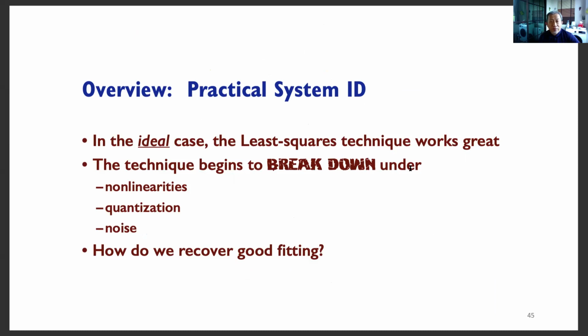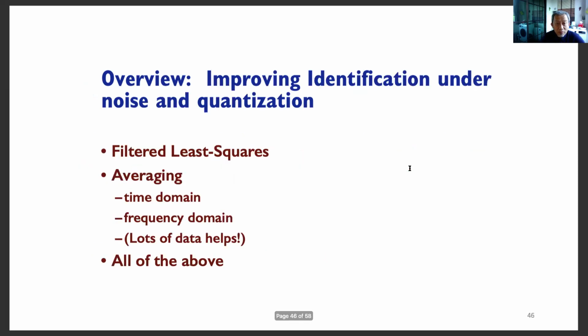Continue to slide 45, which is the overview of the practical system ID. So the ideal case where the least square technique that we learned previously works great, but the technique begins to break down under some non-linearities, quantizations and noise. So how do we recover good fitting? We have to do some modifications on that least square identifier algorithm by applying a filtered least square and averaging.